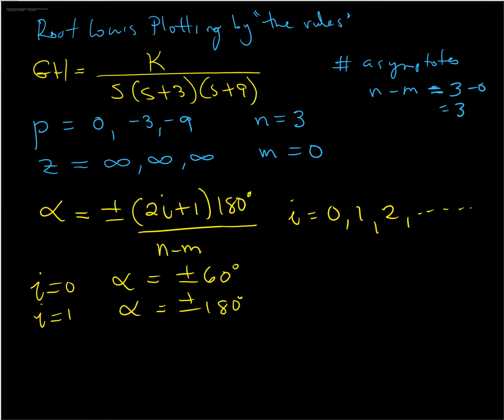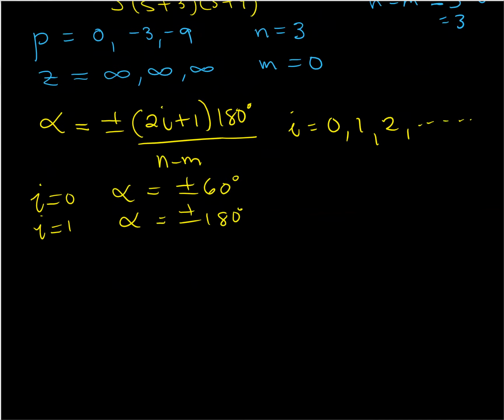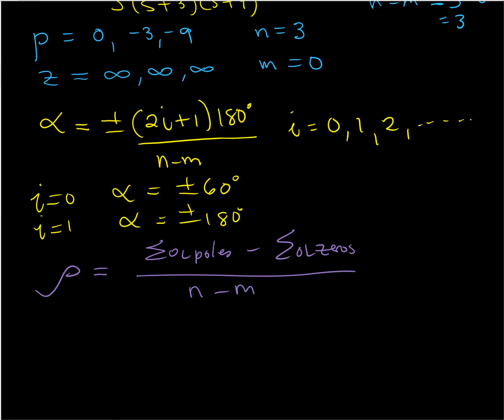Now I have to find rule number 6: where do the asymptotes intersect? All the asymptotes will intersect at a single point on the real axis. To find this, it's the sum of the open loop poles minus the sum of the open loop zeros, divided by the number of open loop poles minus the number of open loop zeros.